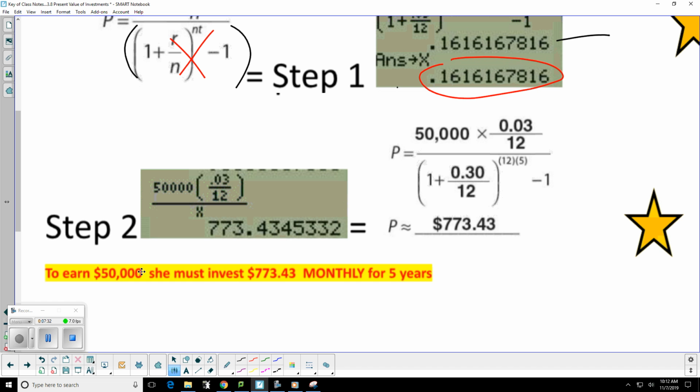The fraction should be our interest rate divided by the number of times we're compounding it, divided by that number we stored under X. And what we now know is, in order to earn $50,000, she must invest $773.43 on a monthly basis for 5 years.